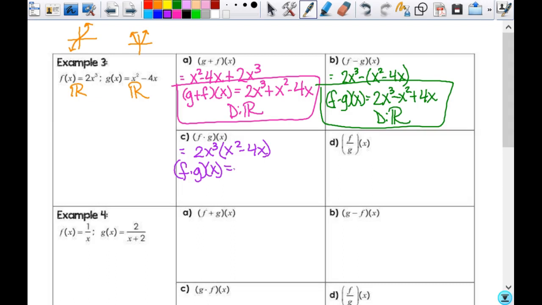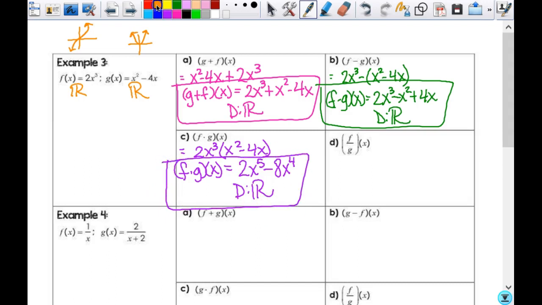Yeah, because when you multiply them, what do you do with the exponents? You add them. Good. So it is 2x to the 5th minus what? Okay. 8x to the 4th. Any questions at this point? So what's my domain here? All real numbers. Good job.